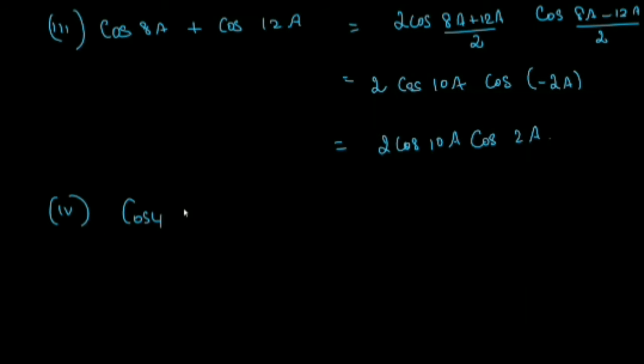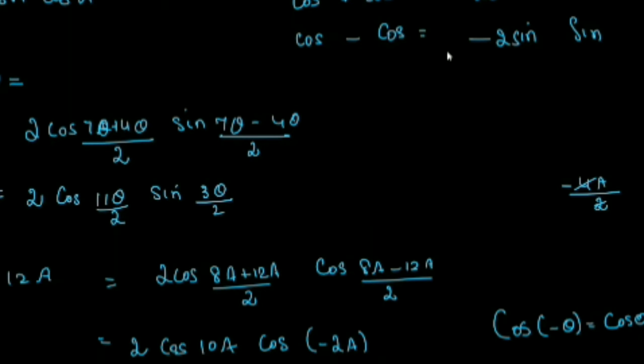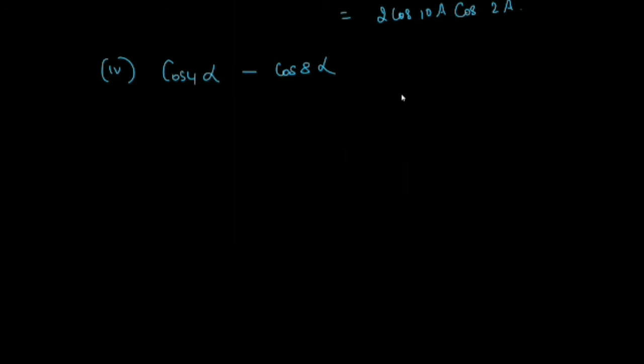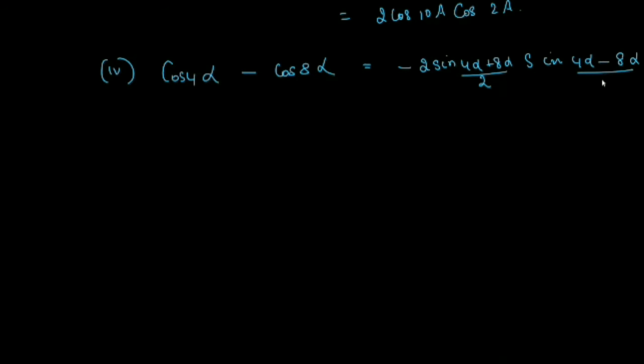Cos 4 alpha minus cos 8 alpha. So cos minus cos. What is cos minus cos? Minus 2 sin sin. Okay, so add the angles here: 4 alpha plus 8 alpha by 2, and 4 alpha minus 8 alpha by 2.